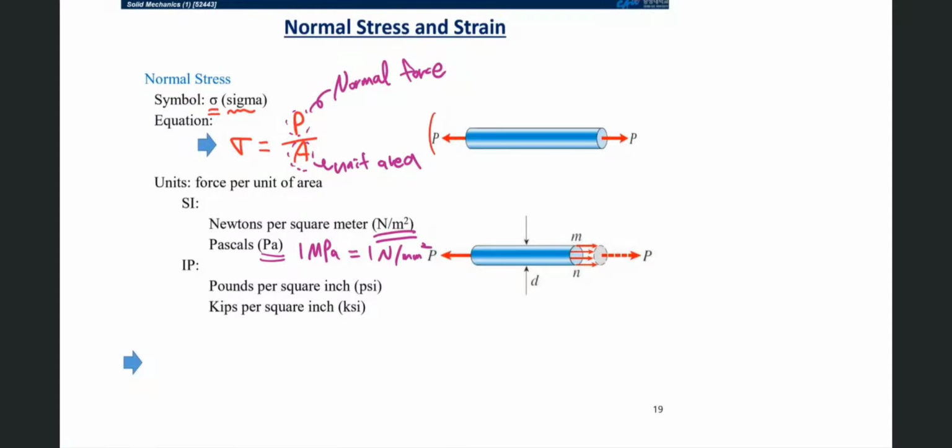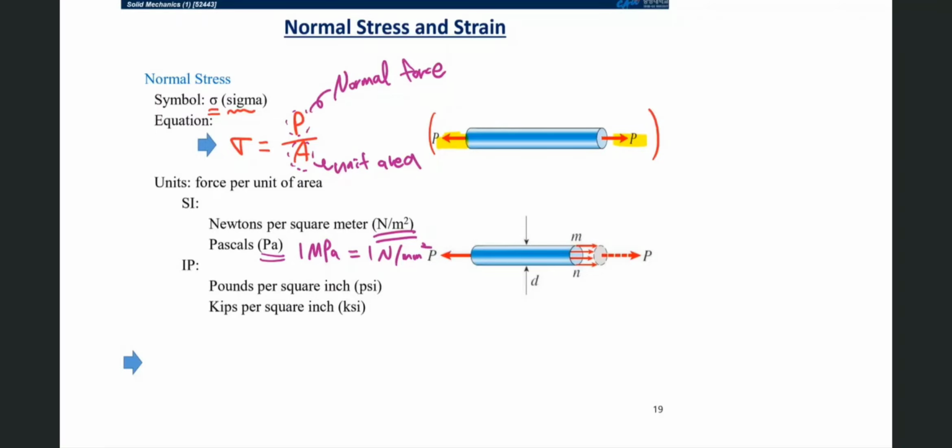As you can see, if forces are applied to the ends of the bar such that the bar is in tension, then tensile stresses are set up in the bar structure.